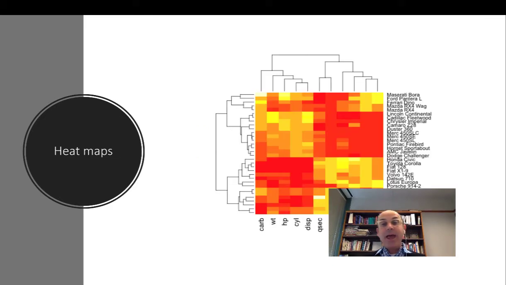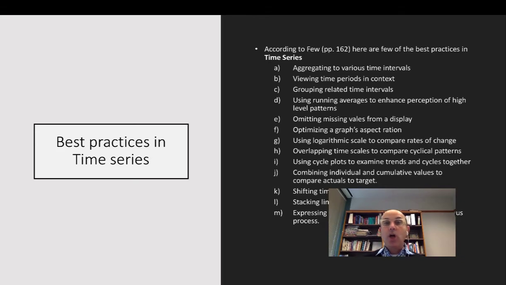And the heat map, sometimes people complain that it is not really understood with regard to comparison. But again, this is part of the vocabulary that you will need to be familiar with when you are talking about time series. How can you convert heat maps into time series?